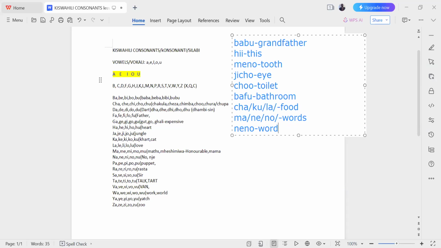Can you do something with PA? We can start with HA. If you bring HA, which is ha, then combine with PA, which is pa, it becomes hapa, which means here.